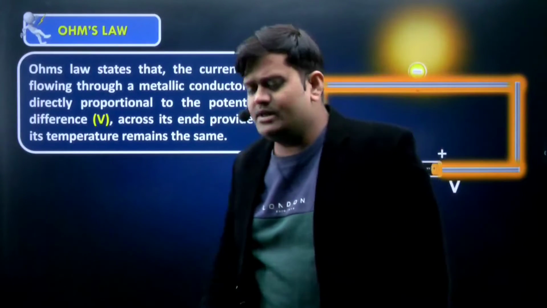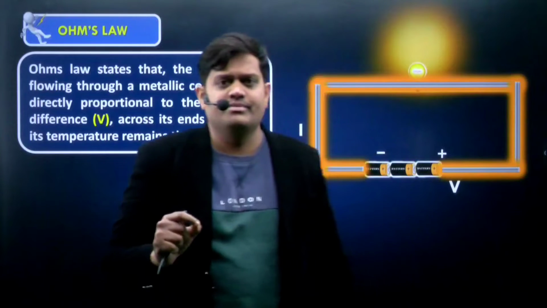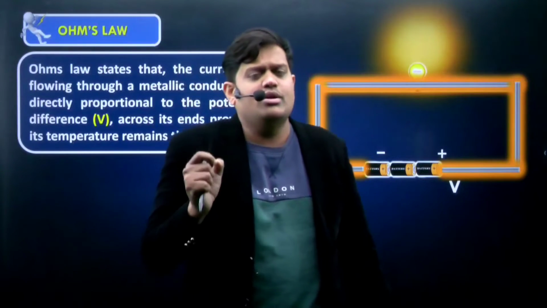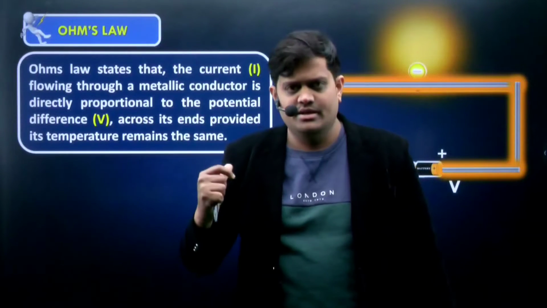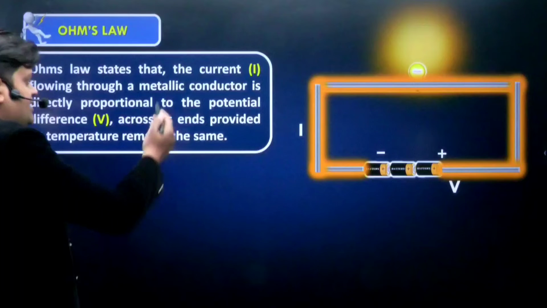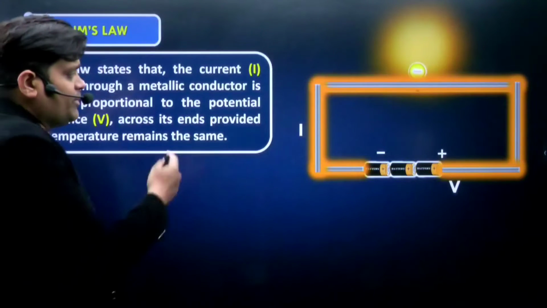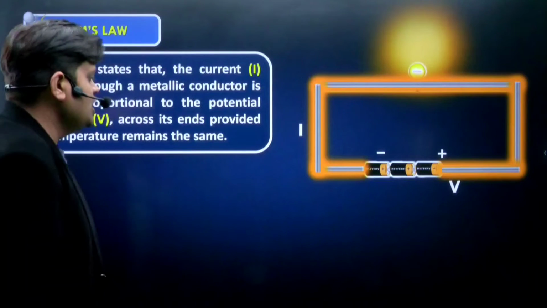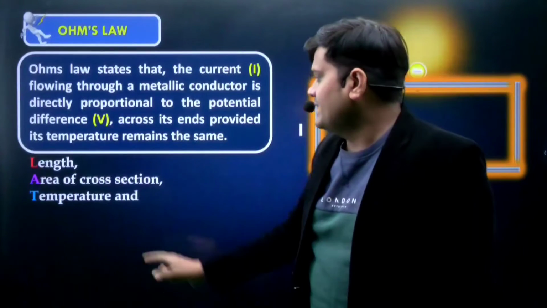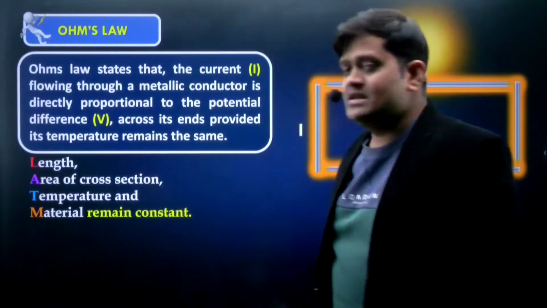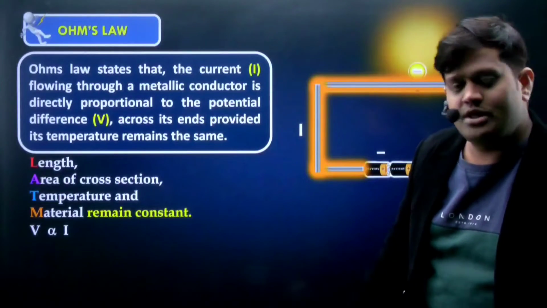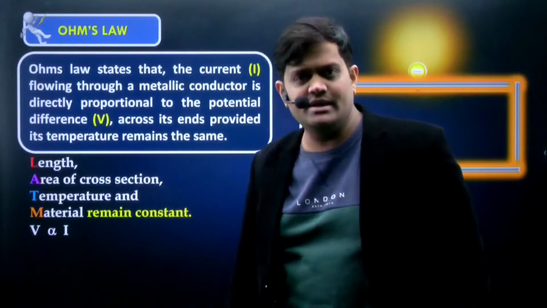The important conditions are that length, cross-section area, temperature and material should be constant. If they are constant, then the current flowing is proportional to the potential difference across the ends of the conductor.